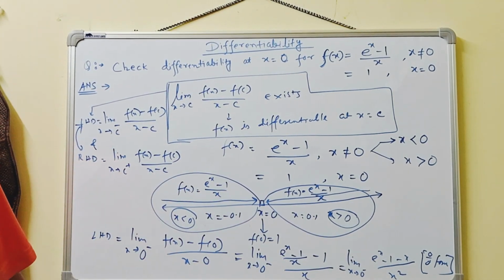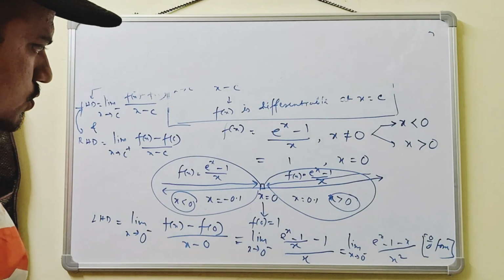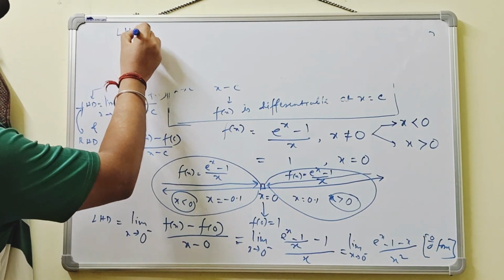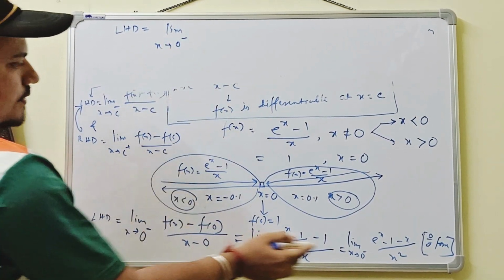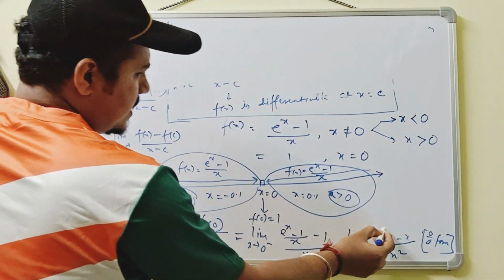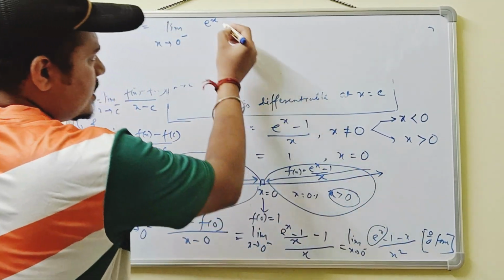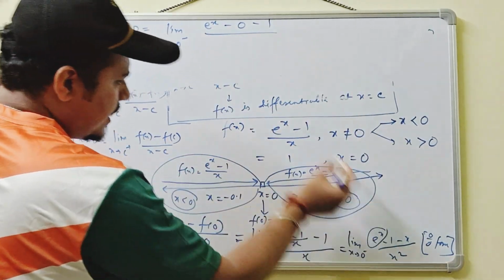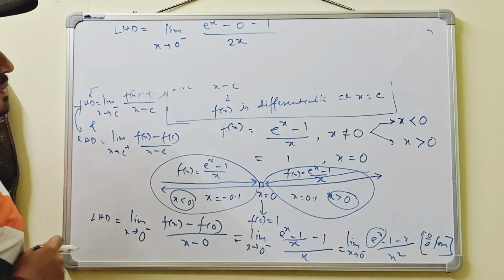So the left-hand derivative is equal to the limit as x tends to 0 minus of: the derivative of e to the power x is e to the power x, the derivative of the constant is 0, and the derivative of x is 1, divided by the derivative of x square, which is 2x. Now we have (e to the power x minus 1) by 2x.